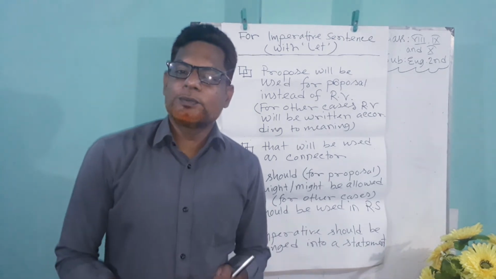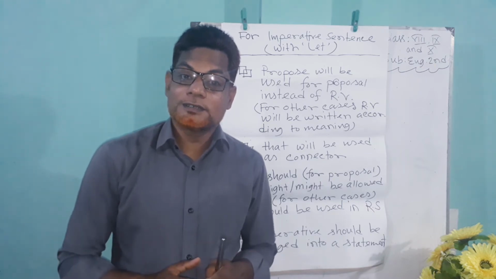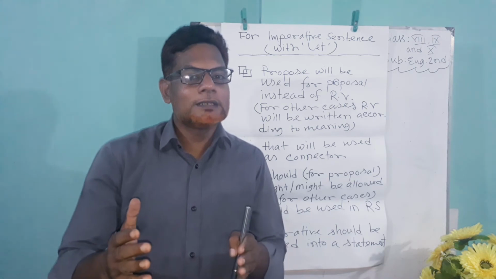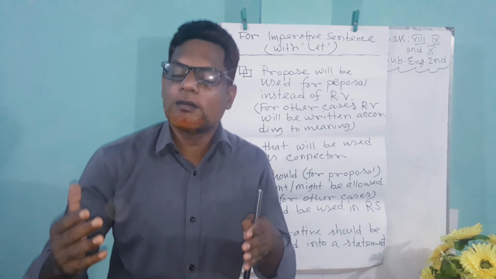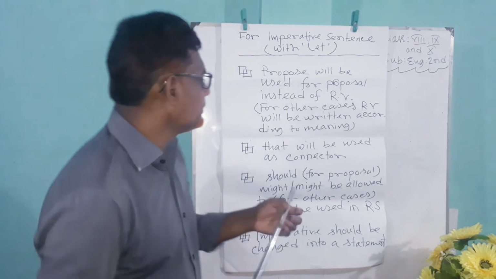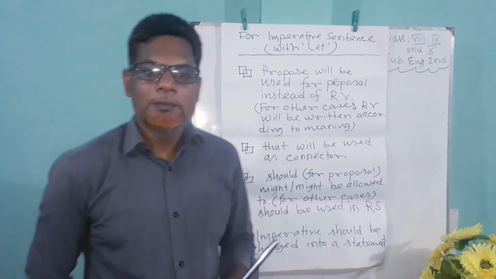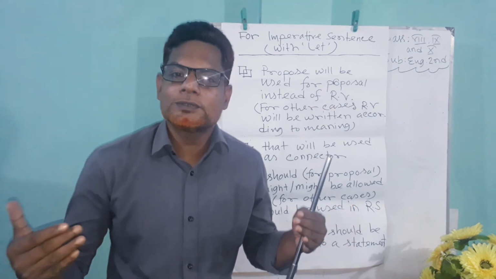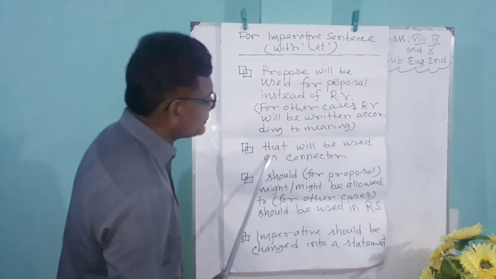If the sentence of the reported speech is imperative with let, we have to see whether the sentence denotes a proposal or not. If it denotes a proposal, we have to use propose. But if it doesn't, we can use the reporting verb according to the meaning of the sentence.